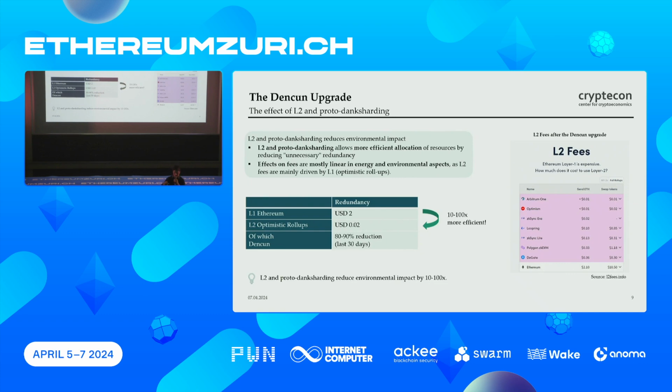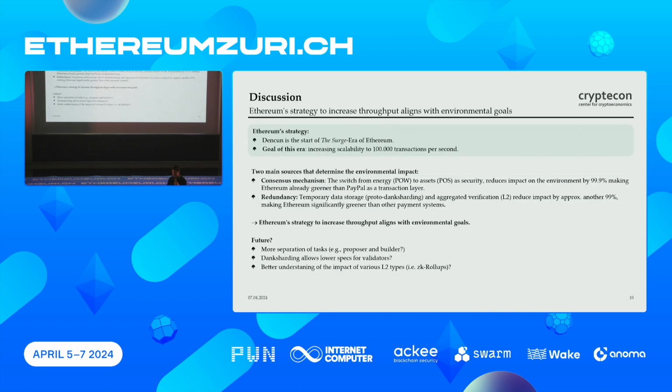And if we look at the Dencun upgrade specifically, it reduced the L2 fees by 80 to 90%. So basically 90% of this reduction is due to the Dencun upgrade. Obviously, the Dencun upgrade was integrated 30 days ago, so that might change these numbers a little bit.